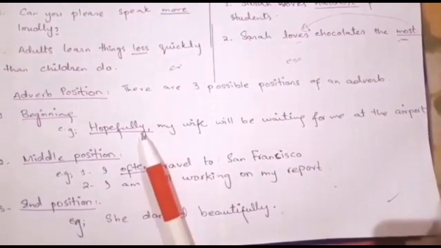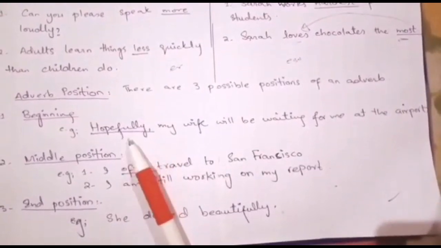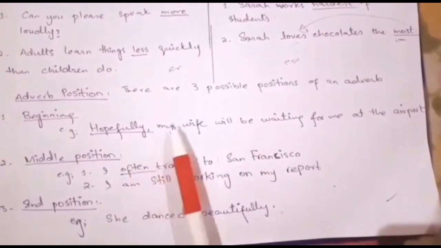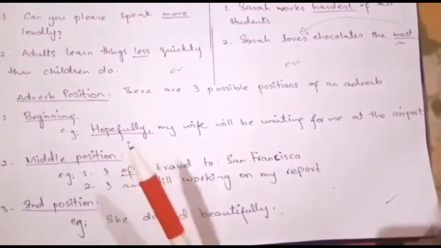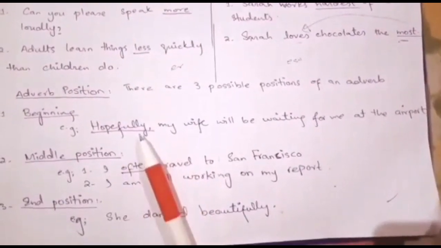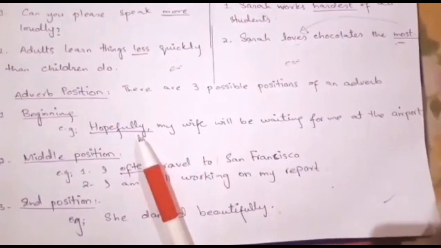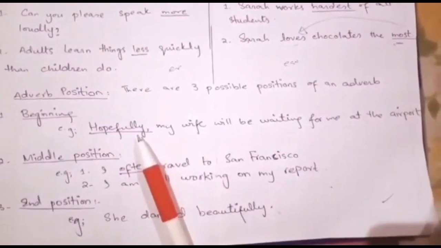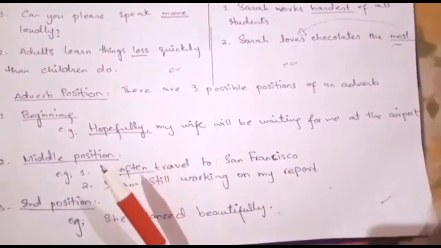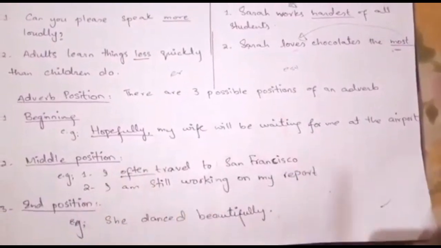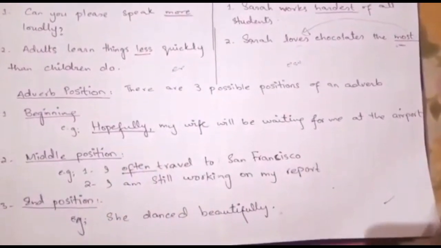So this means that the adverb is at the start of the sentence or the clause or before the subject, right? So this is the beginning position of an adverb, and it is present at the start of a sentence.